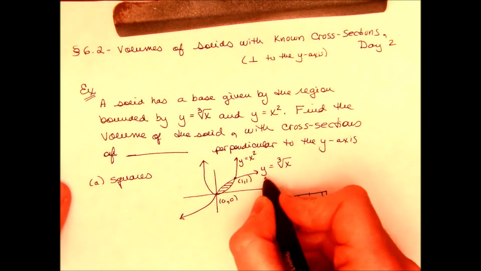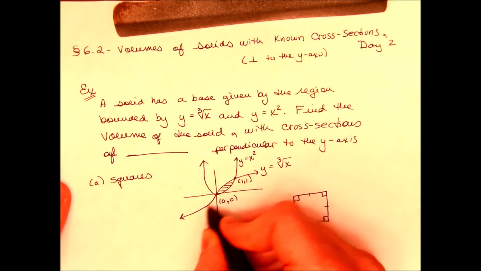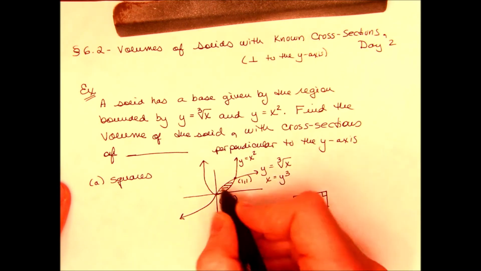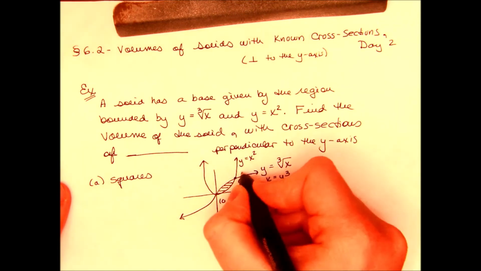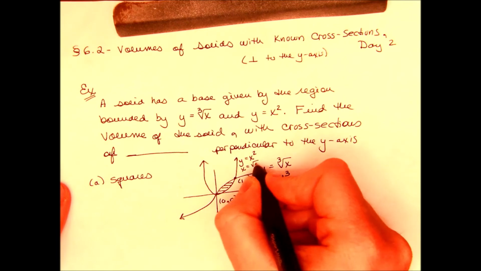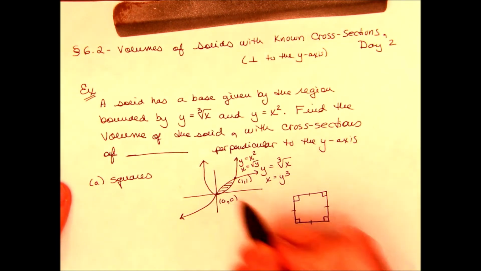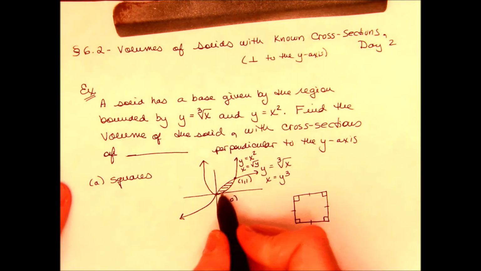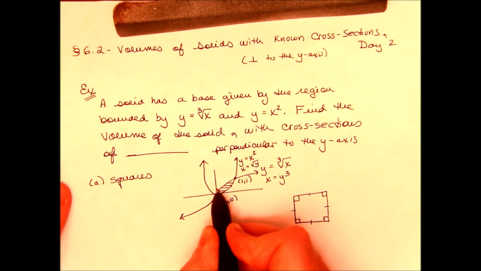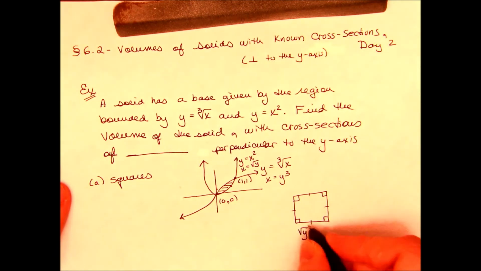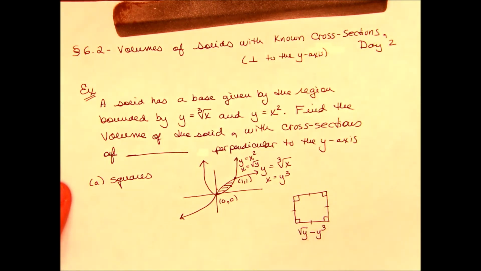Rather than calling this function y equals the cube root of x, I'm going to call it x equals y cubed. And rather than calling this y equals x squared, I'm going to call it x equals square root of y. I don't have to bother with the negative square root because that's the part over here that's not going to matter so much. If you do the right function minus the left function, you're going to do the square root of y minus y cubed.